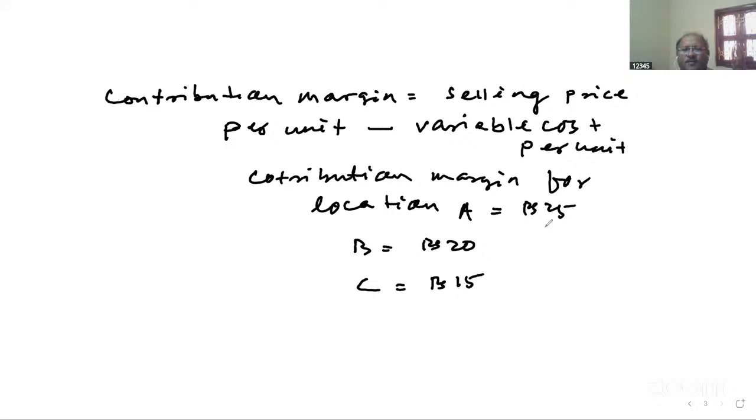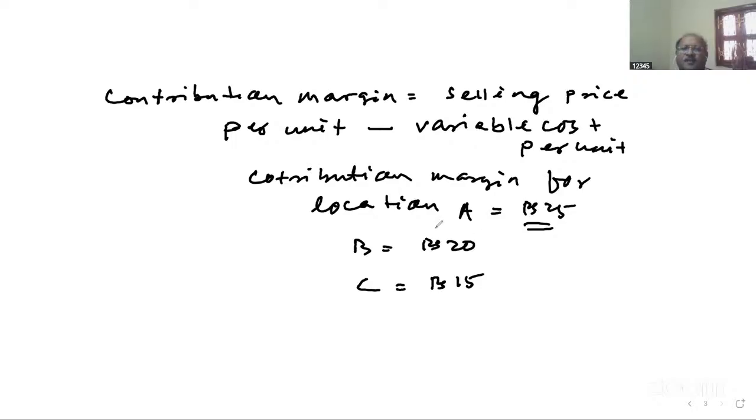So contribution margin for location A is the highest, right? So that is why location A becomes more profitable, because of its highest contribution margin in comparison to the other two locations. That's why it generates more profit.